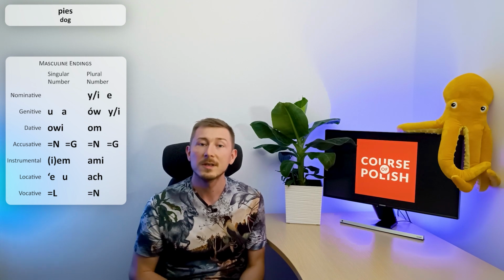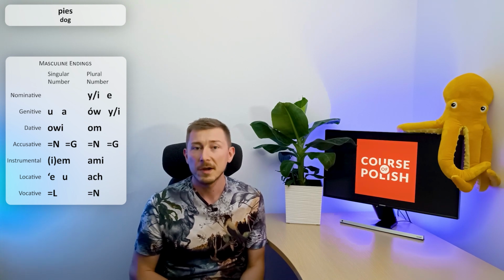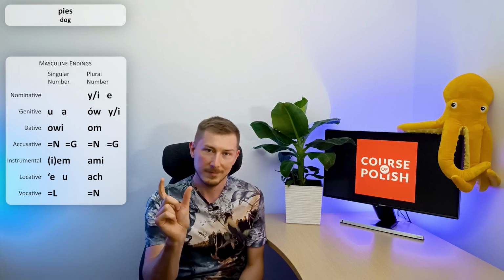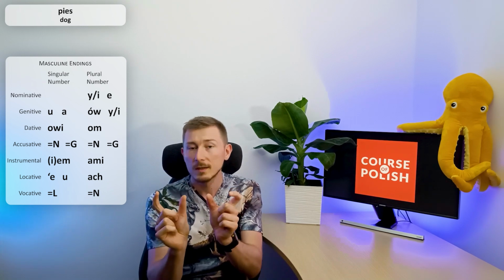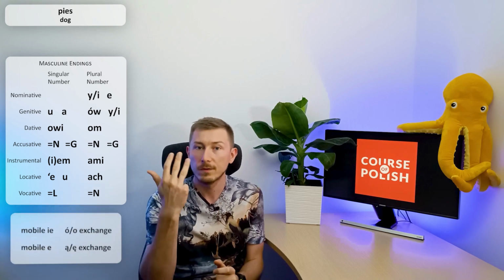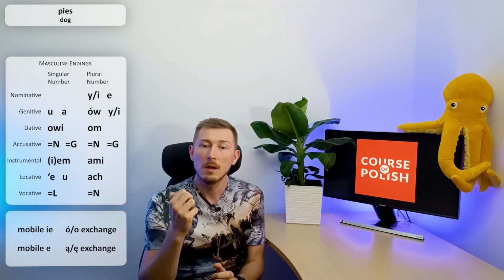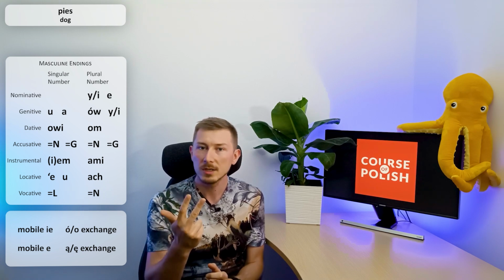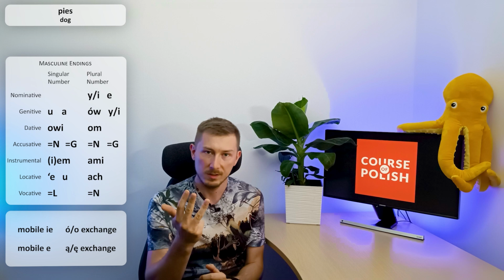But some nouns are irregular and they require us to do one additional step. Apart from taking the stem and applying an ending to it, they require us to make changes to the stem. There are 4 such common changes: mobile IE, mobile E, UO exchange, and ON exchange.